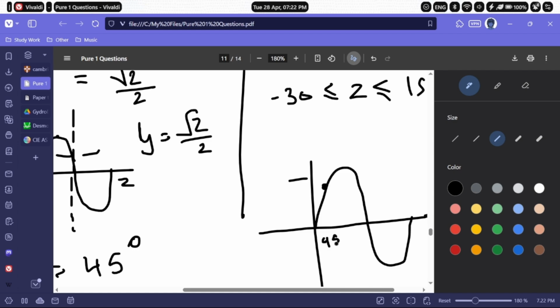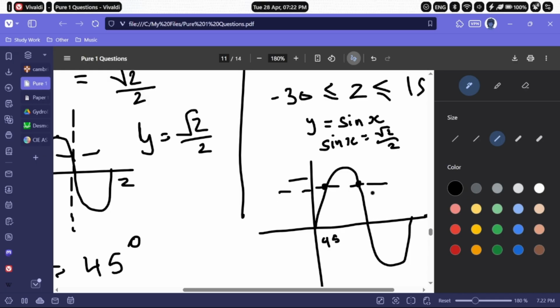Now let's say you want to find out the next value where the y value is the same. Because look, sin x basically represents your y value. And whenever you have equations like sin x is equal to root 2 by 2, you're basically saying the y value is root 2 by 2. So you can make a horizontal line over here.